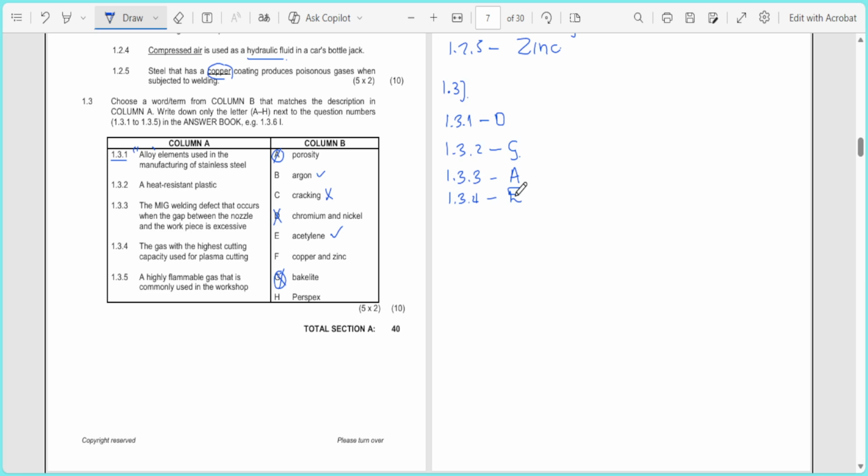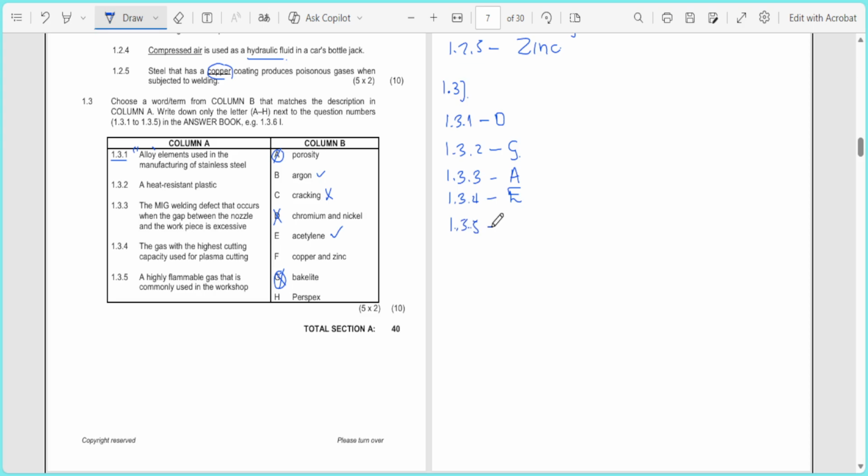This high temperature allows rapid piercing and cutting. So the answer should be E.